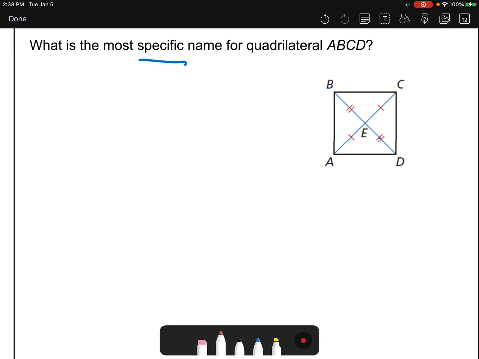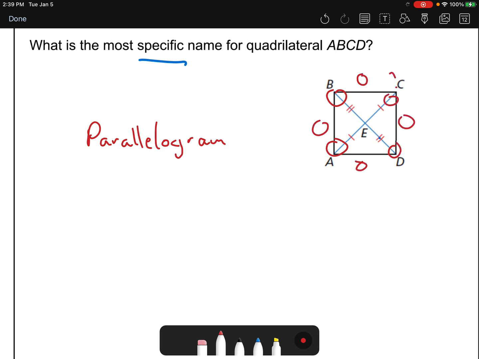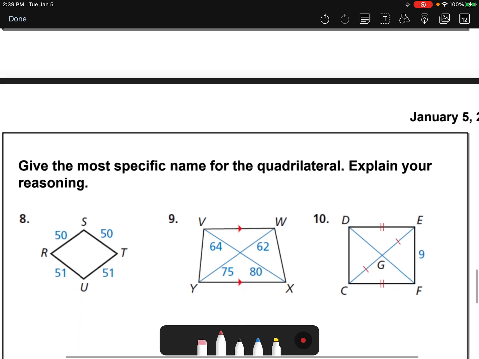So it looks to me like this must be a plain old parallelogram, right? Because we don't know anything else about the angles. We don't know anything else about the sides. We can't assume anything. We can't say, but it looks like it. We can't do that. So I think it's just a plain old parallelogram.